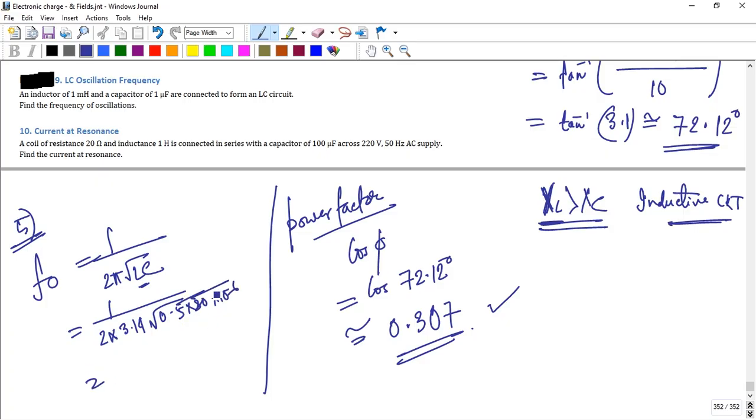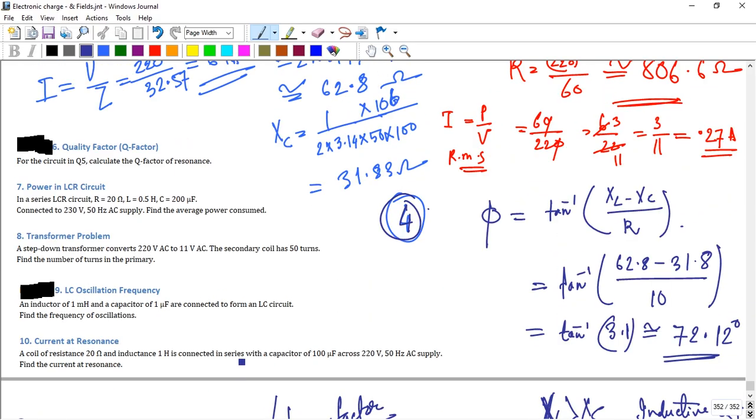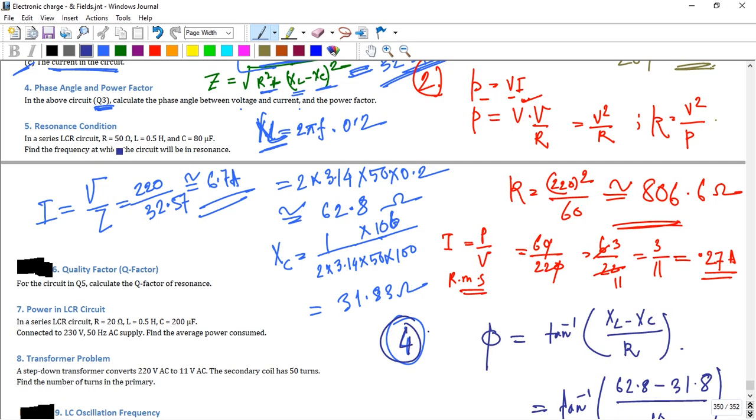Solve this and the approximate result is 25.16 Hertz. That's the resonance frequency, and at that frequency the circuit will be in resonance.